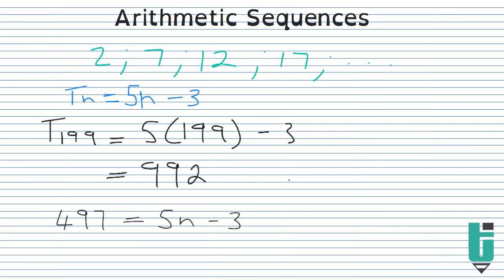And now you can just solve for n to figure out at what term we will have the value of 497. And so you take the 3 over, giving you a value of 500 equals 5n, and then you'll see that n is equal to 100. In other words, at term number 100, we will find that there is a value of 497.